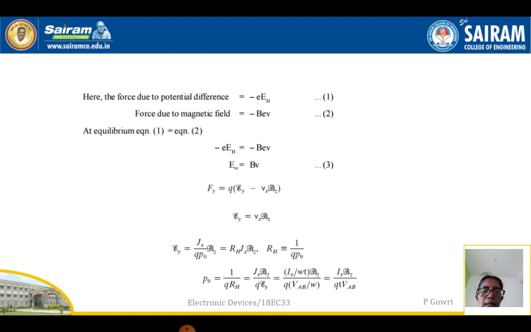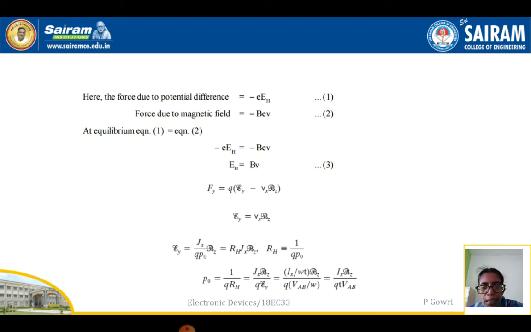Force due to the magnetic field is given as minus B into e into v, where B is the flux density, e is the charge of the carriers, and v is the drift velocity. At equilibrium, both these forces will be equal. So e into EH is equal to B into e into v, so we get EH is equal to Bv. EH is nothing but the generated electric field.